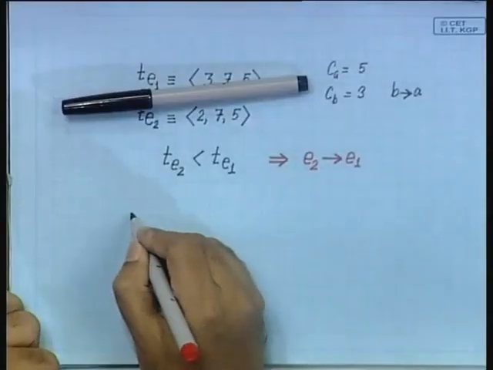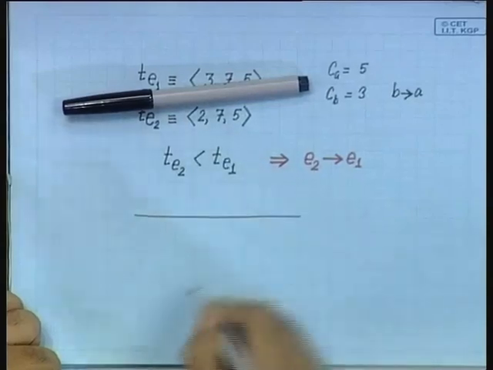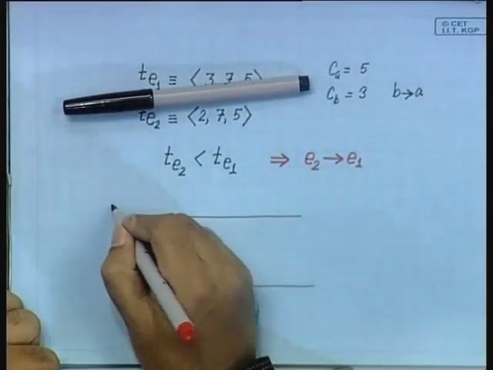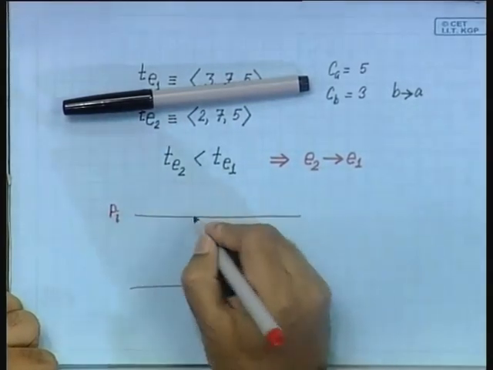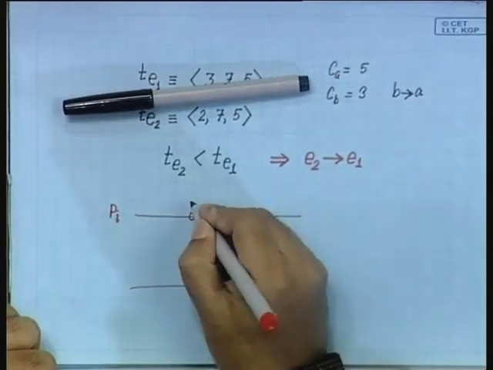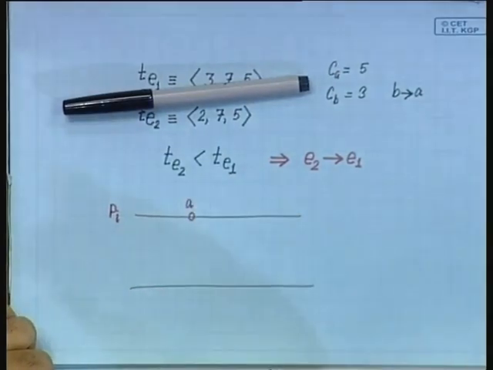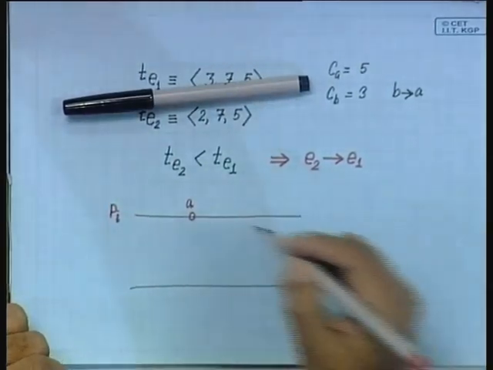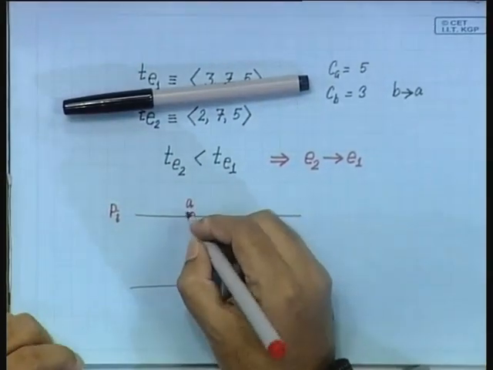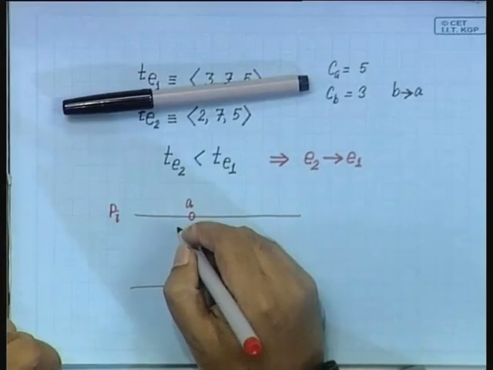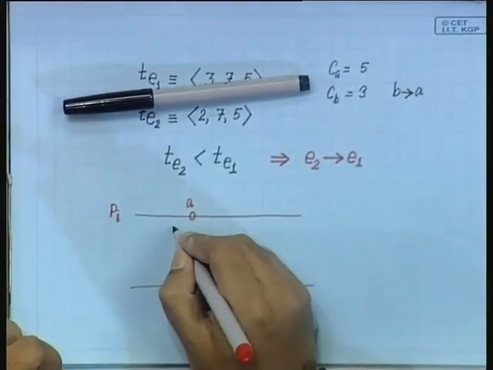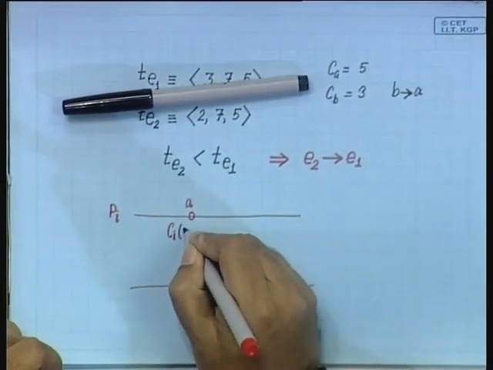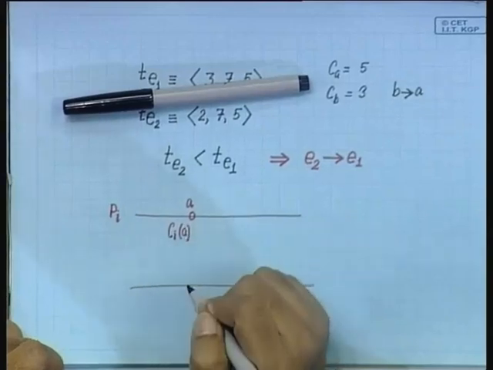In other words, consider the situation where in Pi some event A has taken place, and what is the value of the timestamp here? Let us say that is CiA, where CiA is a vector.